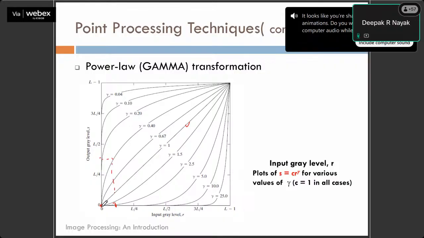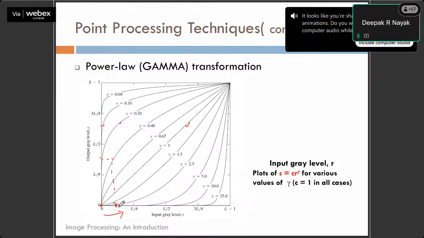That means a small range of darker pixels is mapped to a higher range of pixel values in the output. For example, the range 0 to 50 is now mapped to 0 to 170 in the output.